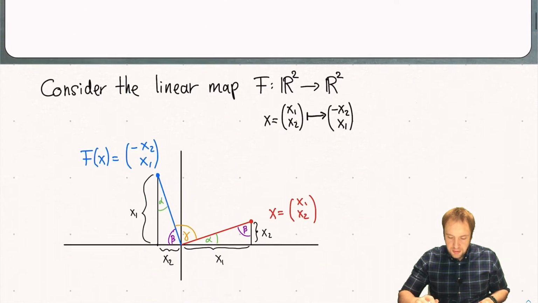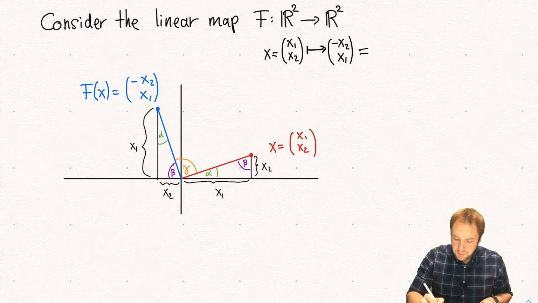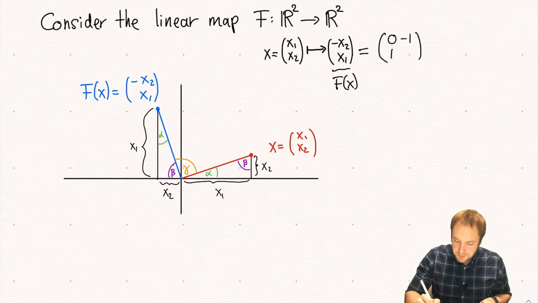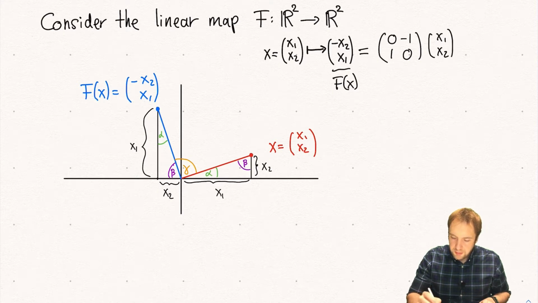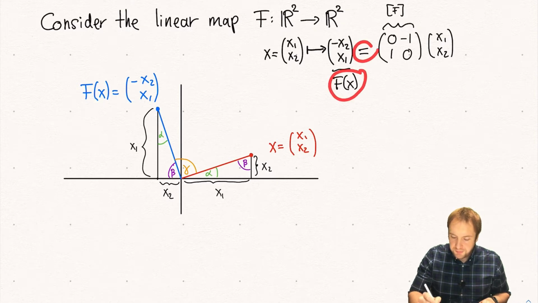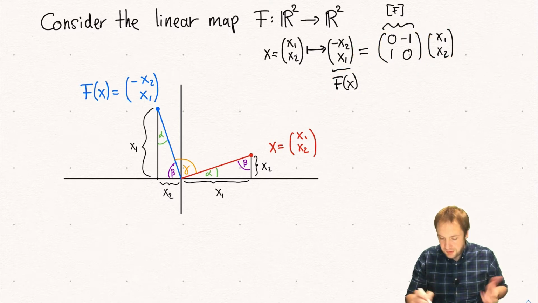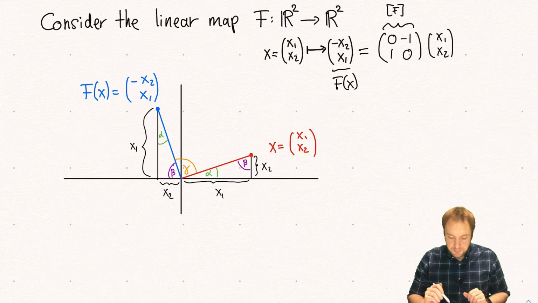So in this case we can say this is a linear map because this here is f of x, but this can also be written by multiplying with this matrix here. And then this here is the matrix of f. And because we can write f of x as multiplying with some matrix times x, we already know this is a linear map.